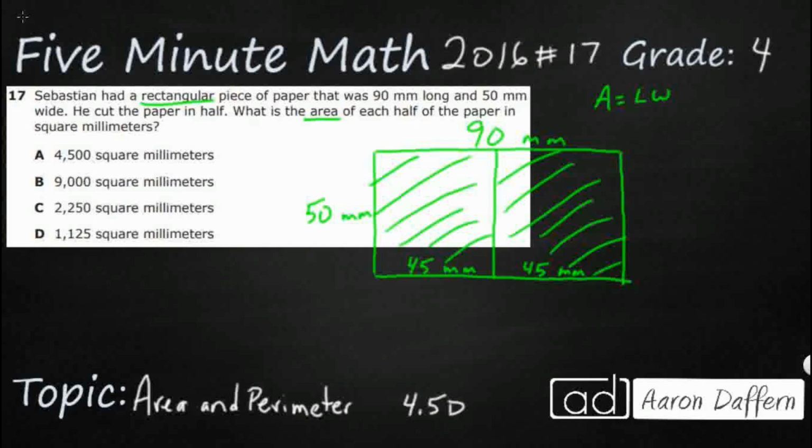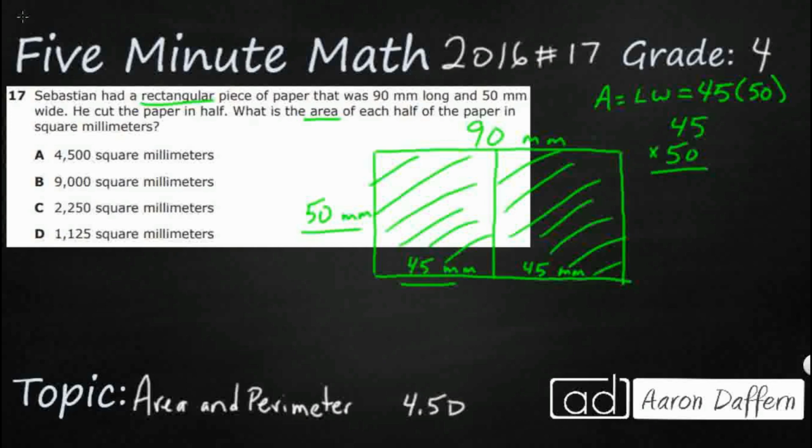So we'll start with just your basic length times width. And we've got our two new numbers now, 45 and 50. So we'll say area equals length times width. And so we're going to just replace those with 45. Then we'll use parentheses here to show multiplication. 45 times 50. We'll need to do a little 2 by 2 multiplication there.